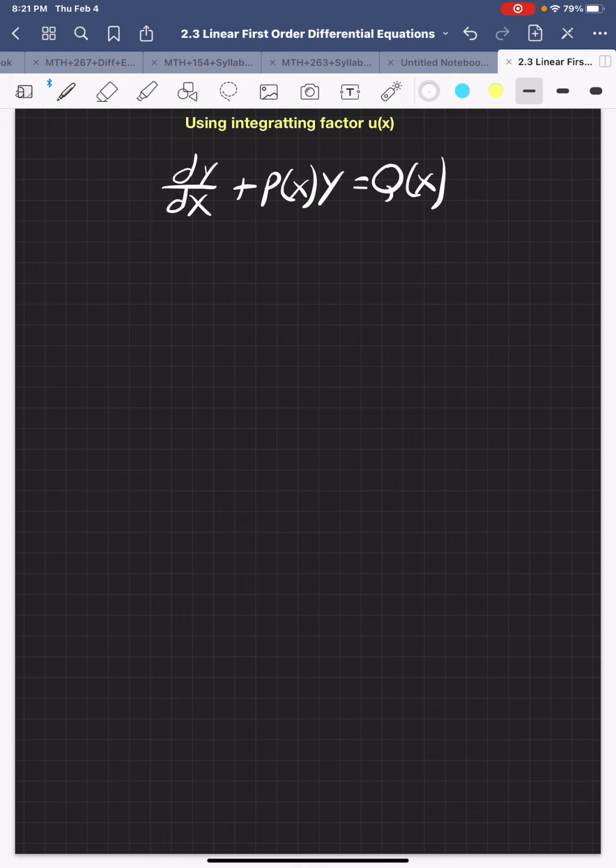So we are going to assume that this u of x, this magical function, has the following property. Let me actually just write it out. We're going to assume that u of x has the following property.